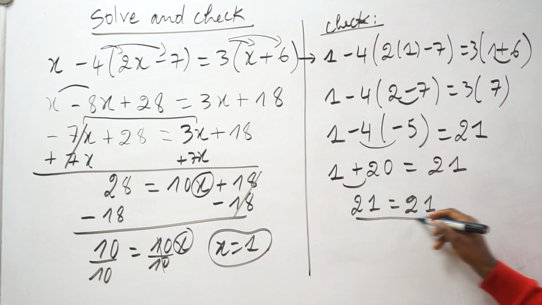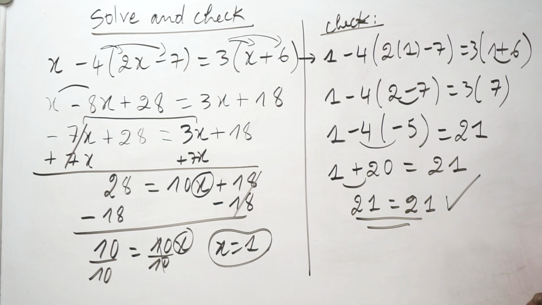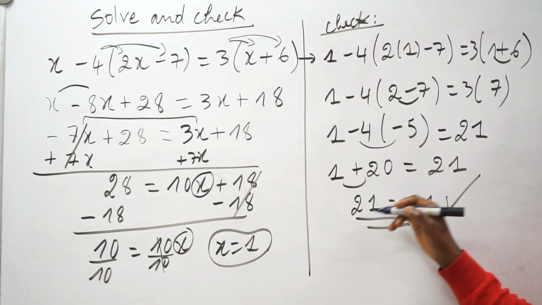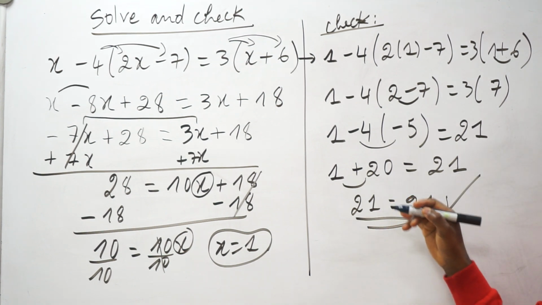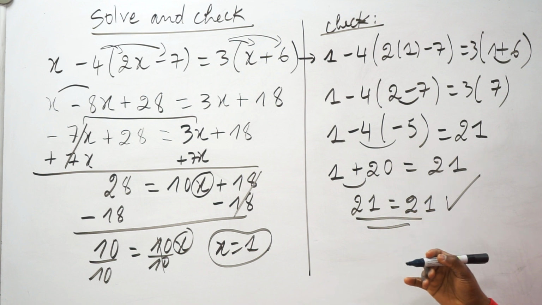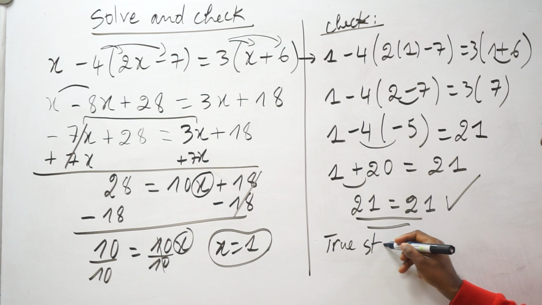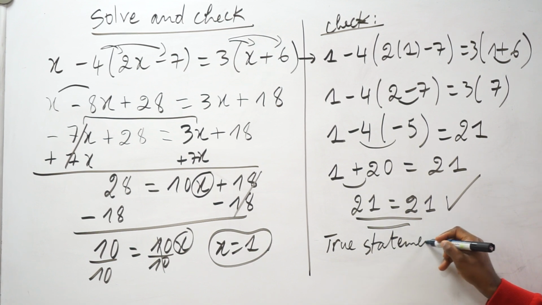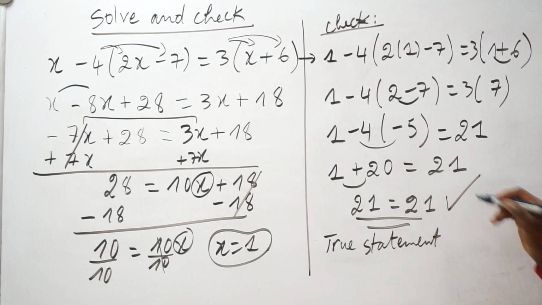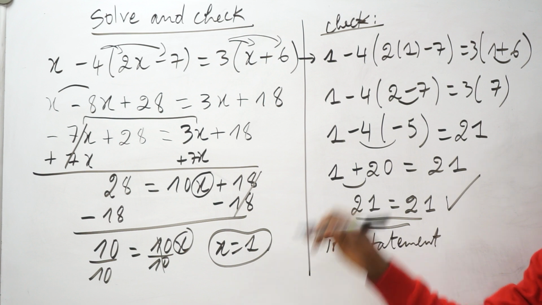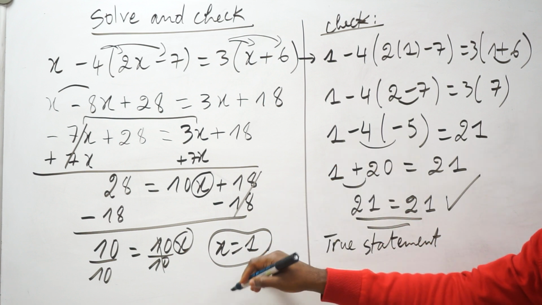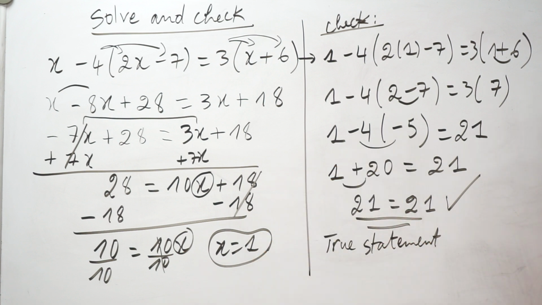And then you needed a true statement. True statement meaning that the left side of the equal sign is equal to the right side of the equal sign. Once you get a true statement, you are done. So that means 1 is definitely your final answer, and this is what we're looking for. All right? Okay.